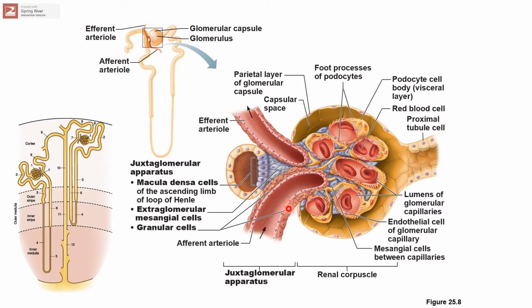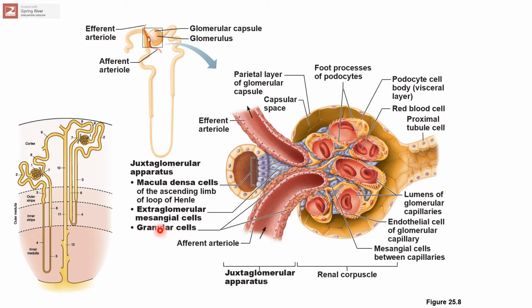This is where renin enzyme is secreted. Renin enzyme basically kickstarts the whole renin-angiotensin-aldosterone mechanism, and the cells that secrete renin are known as the granular cells.